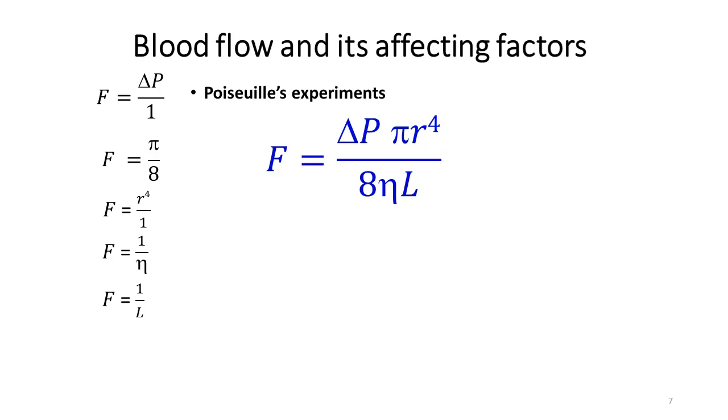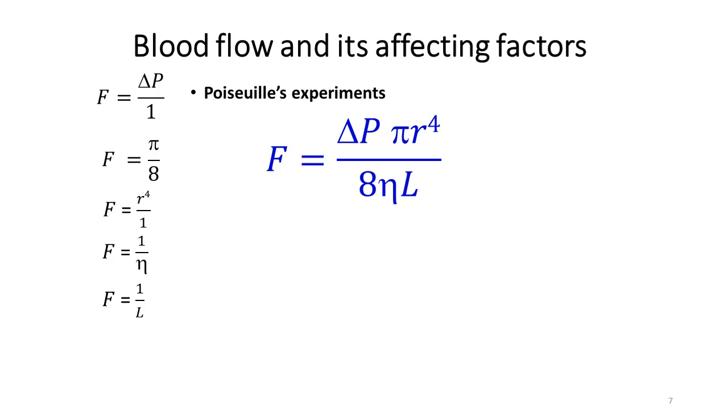And finally, he found the impact of the radius of the vessel on flow. As you can see in this equation, radius to the power of 4 has an effect on flow. For example, if the radius increased twofold, the flow increased 256-fold.